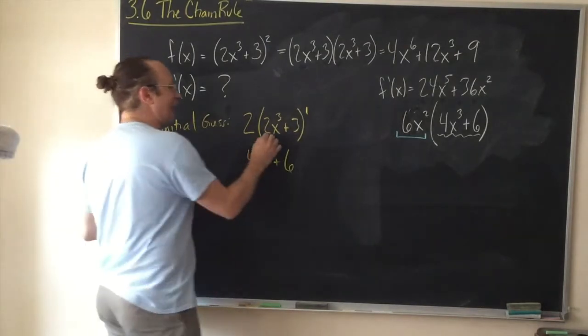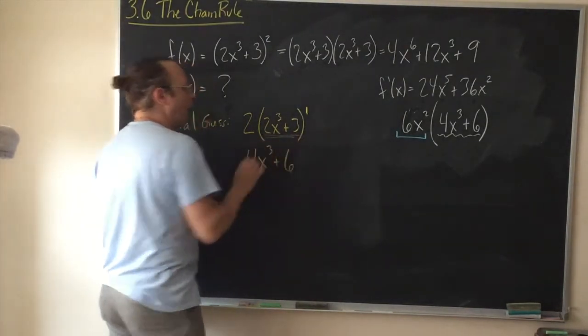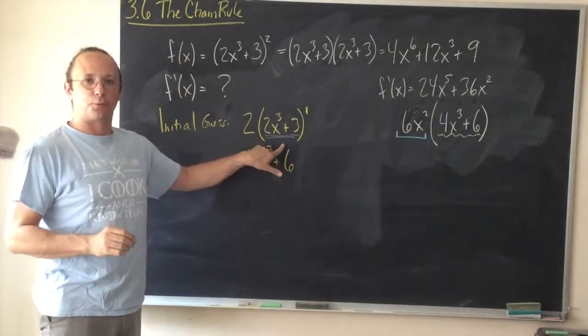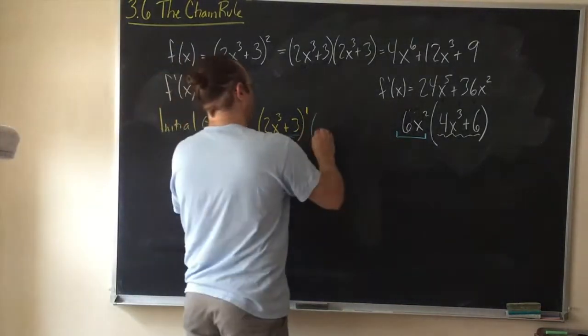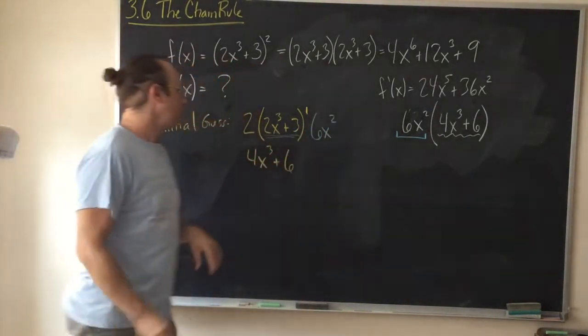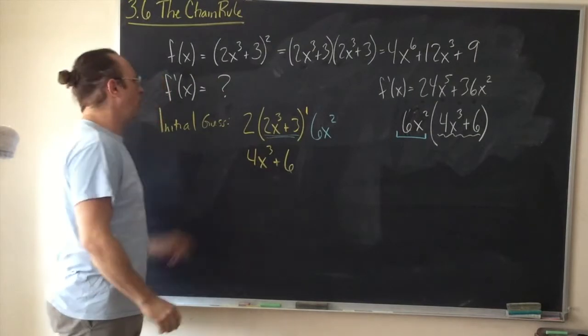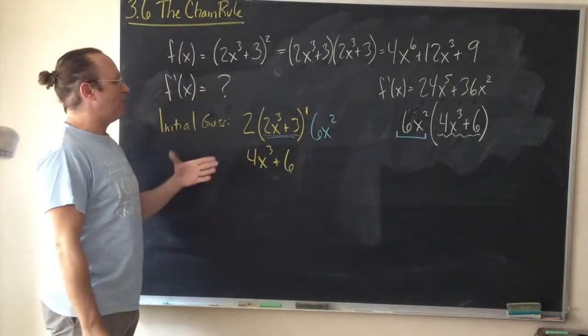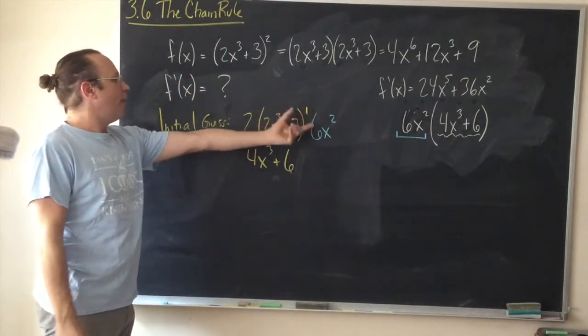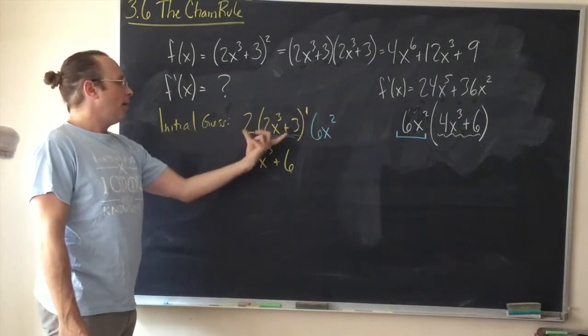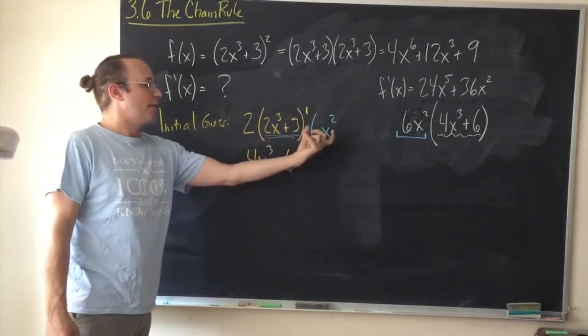Well, that is the derivative of the inside of these parentheses. And so, therefore, we're going to discover the chain rule tells us that you take the derivative of the outside, then go inside the parentheses and take the derivative of the inside.